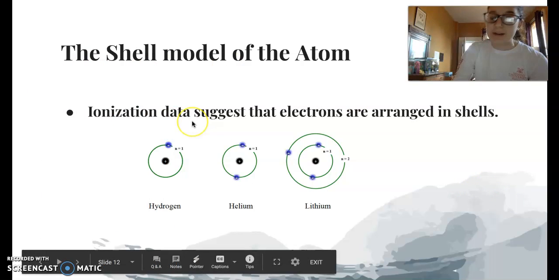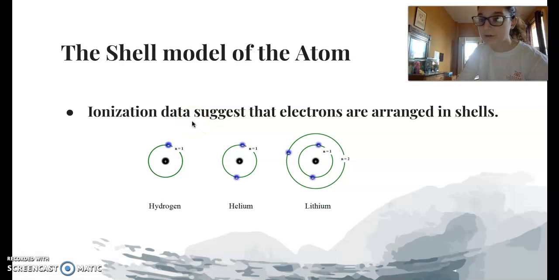So ionization data suggests that electrons are arranged in shells, okay? So lithium doesn't just have one shell with 3 electrons, it has an additional outer shell with its valence electron. In this model, electrons move in a 3D shell, so we kind of depict it in 2D, but they are 3D.